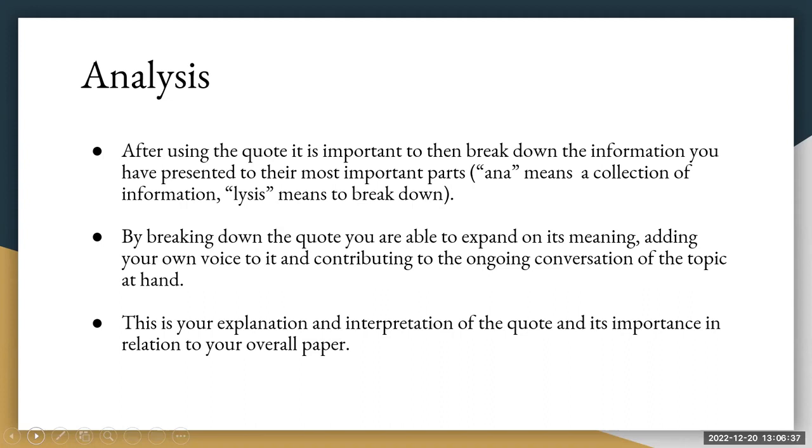That way you don't have to worry about your paragraphs being overloaded by quotations. Because as your reader, we want to know what you think about this. We want to understand the claim that you'll be making. So it's important to have a balance of your own words present in these paragraphs.